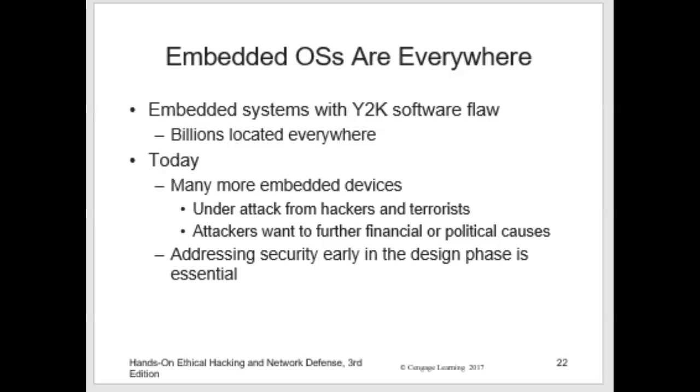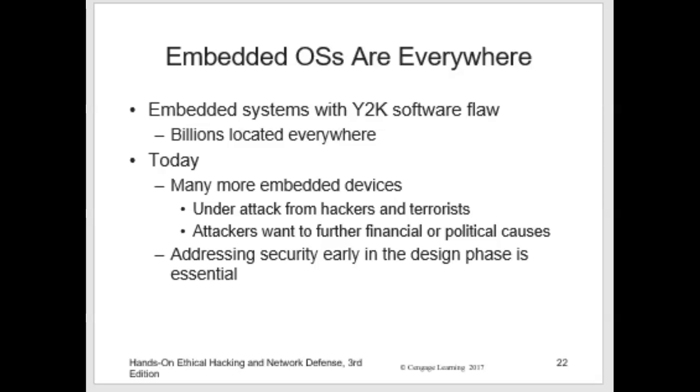So embedded systems are everywhere, as we've shown now. On the eve of the last millennium, embedded systems were known as Y2K, the year 2K software flaw. They were located everywhere, including critical infrastructure like power, communications, and transportation. And the world went nuts over Y2K.